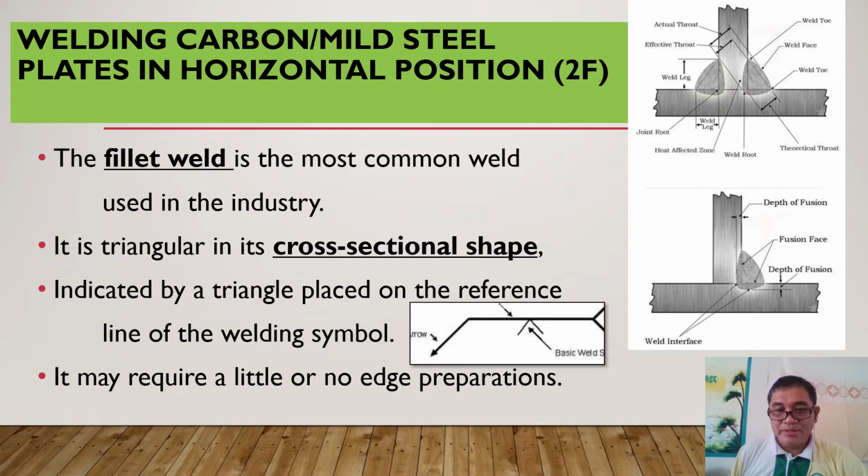That triangle is what we call the fillet weld symbol. It may require little or no edge preparation as far as fillet weld is concerned. So there is no edge preparation.